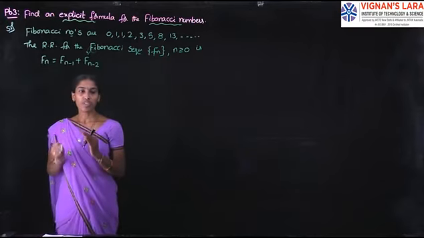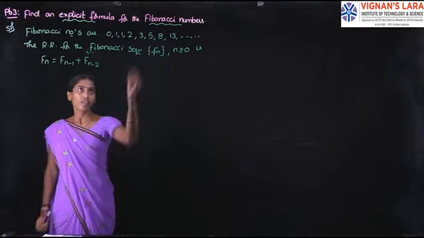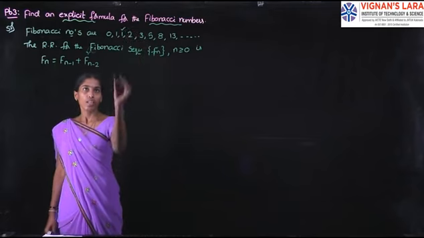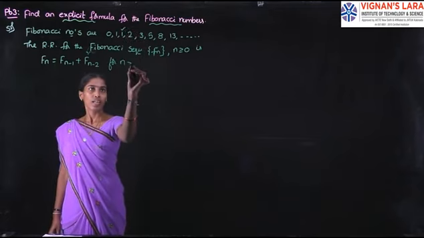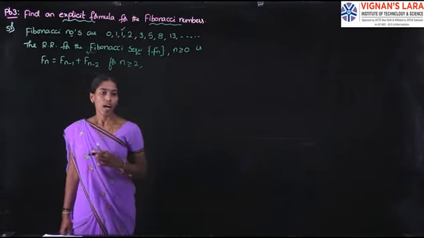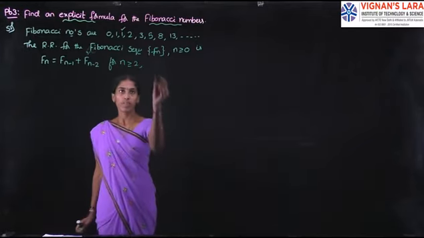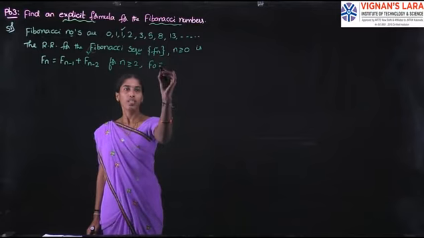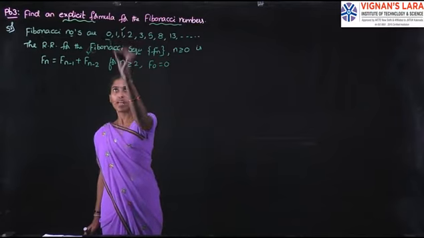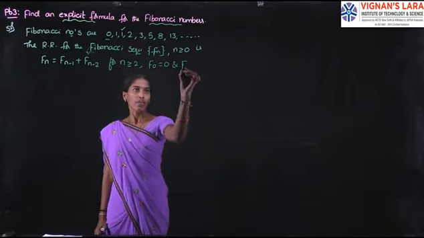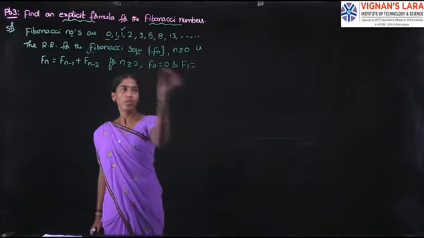So from which term are we starting? From this term, right? For n greater than or equal to 2, we require the starting two values of the Fibonacci sequence. So we take f0 is equal to 0, and f1, what is the next value? 1.